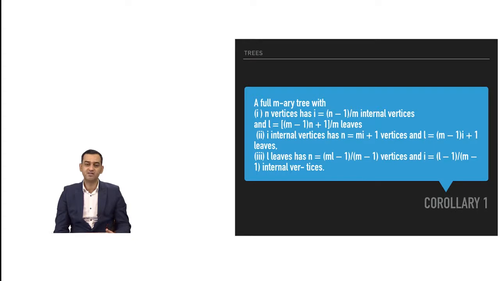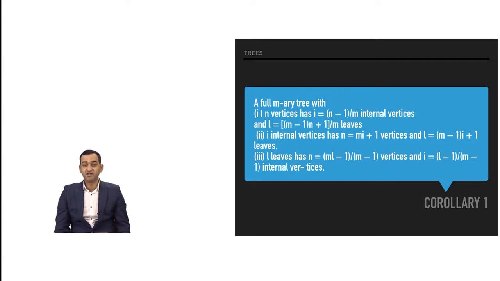And L, which refers to the number of leaves in the tree, equals ((m minus 1) multiplied by n plus 1) divided by m, and this gives us the number of leaves in the tree.